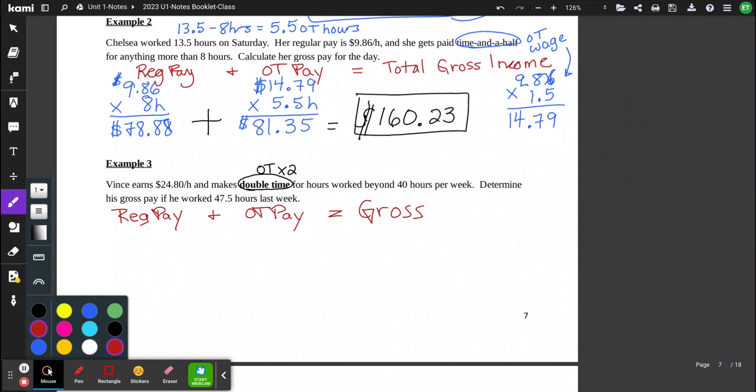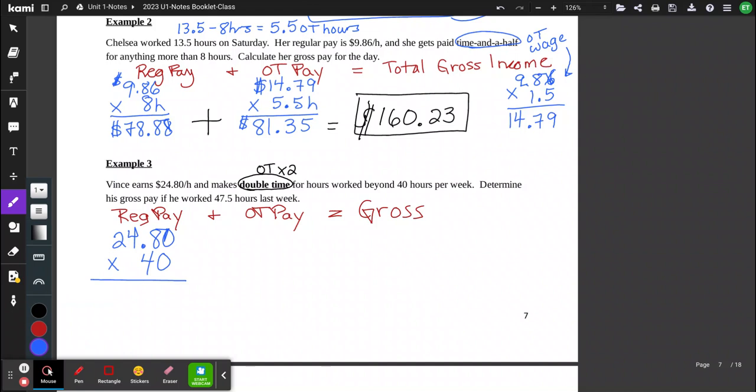Okay, so our regular wage is $24.80. So we're making $24.80 times we worked 40 hours regular, because we worked a full week.